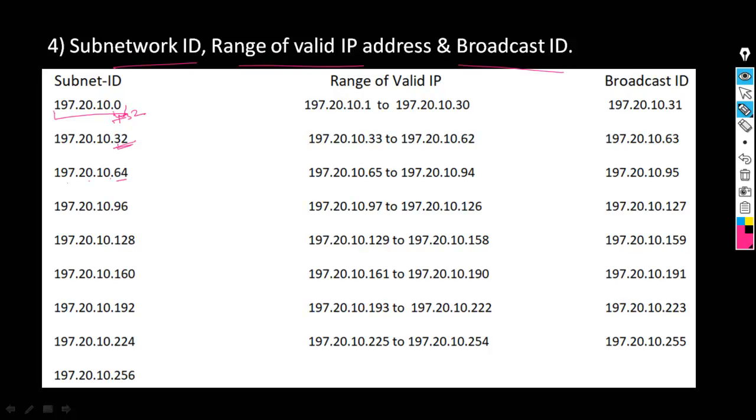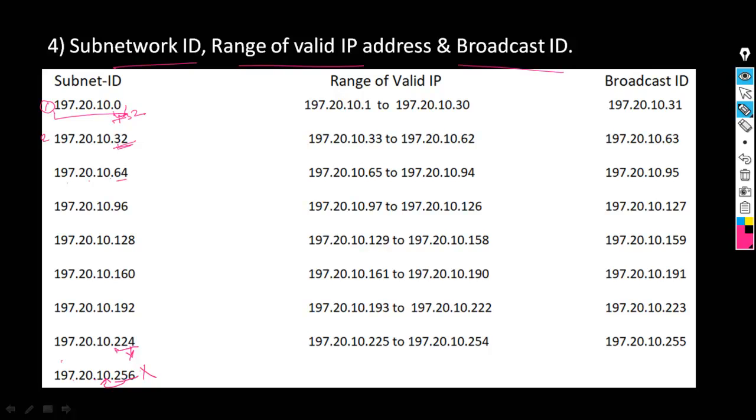So we will keep adding 32 in our 4th octet. Now if we add 32 in the 4th octet in this IP, we will get 197.20.10.256. So we cannot use this. A change will be done in the third octet, which will change our whole network.